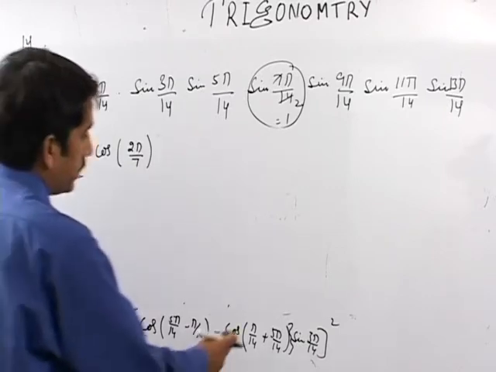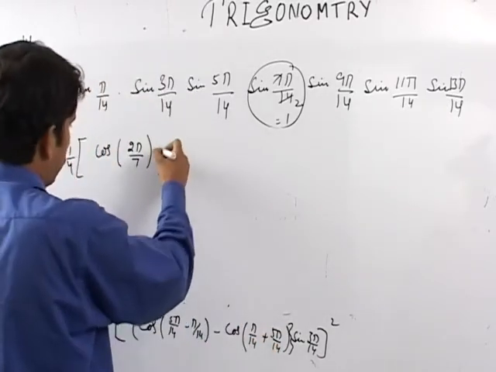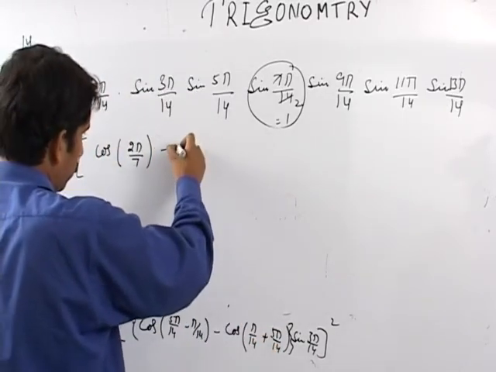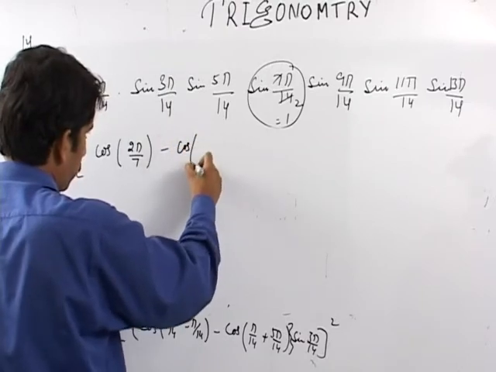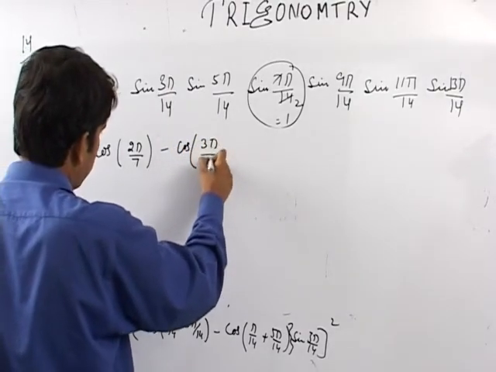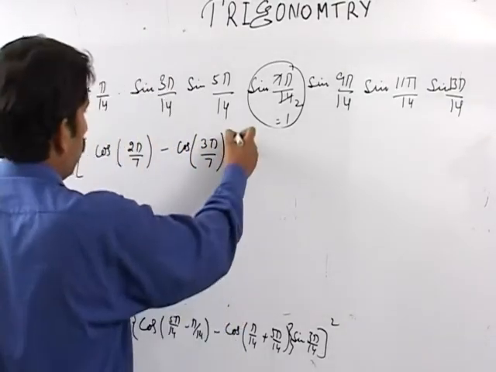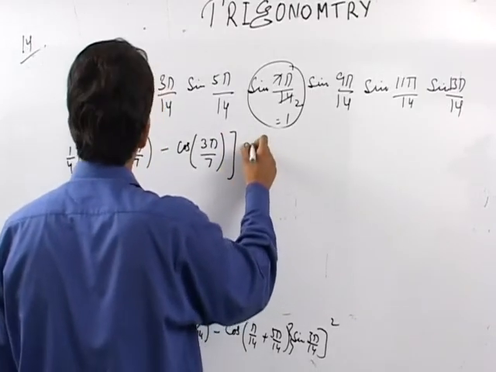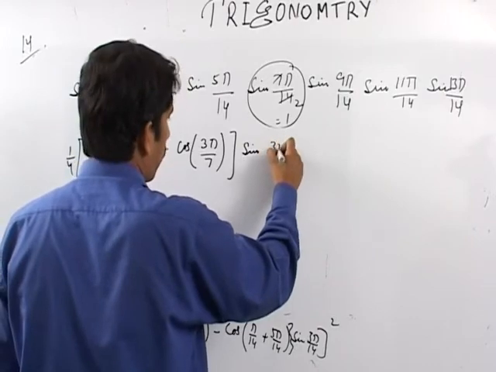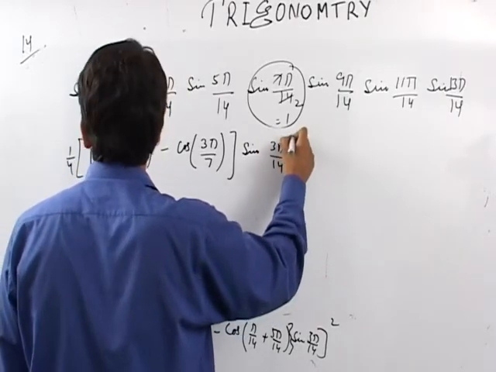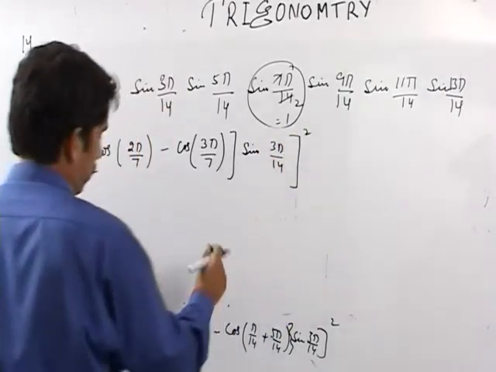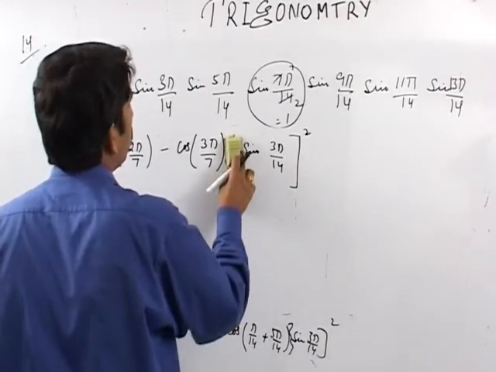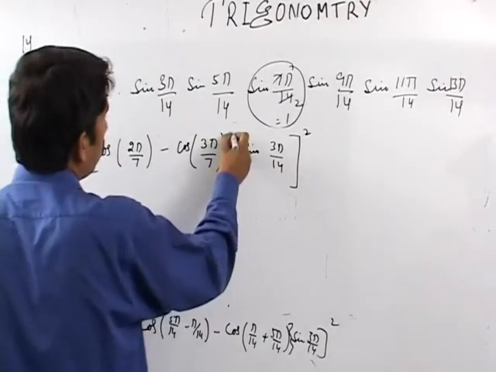And this is 6 pi by 14, which is again equal to cos of 3 pi by 7, whole into sine of 3 pi by 14, again bracket, square. Make this a curly bracket so that you can differentiate between these two brackets.